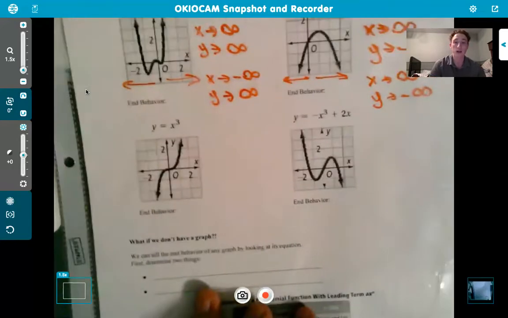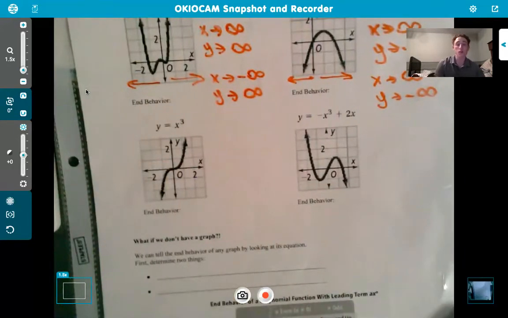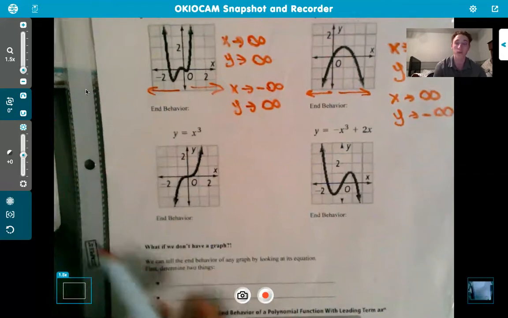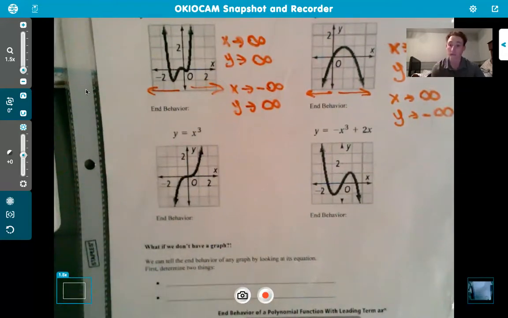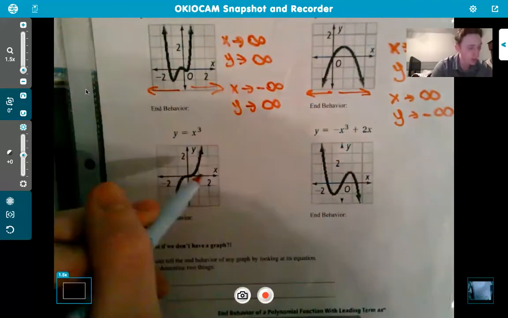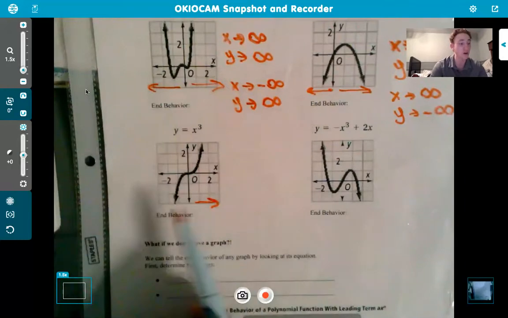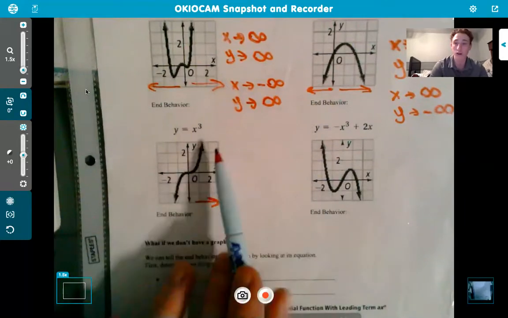We could run into a situation maybe where in one direction I'm doing one thing, in the other direction I'm doing another. So for example, y equals x cubed, right? Perfectly normal cubic graph, cubic polynomial. As I'm approaching x in the positive direction, my graph is starting to increase.